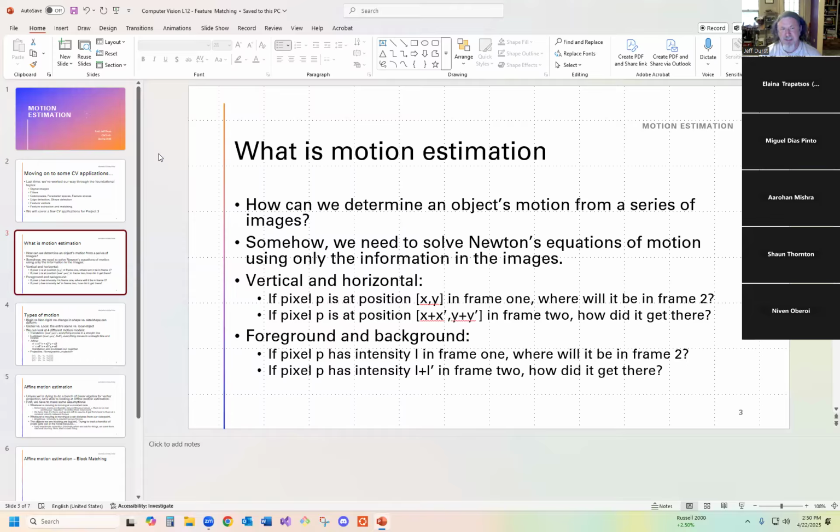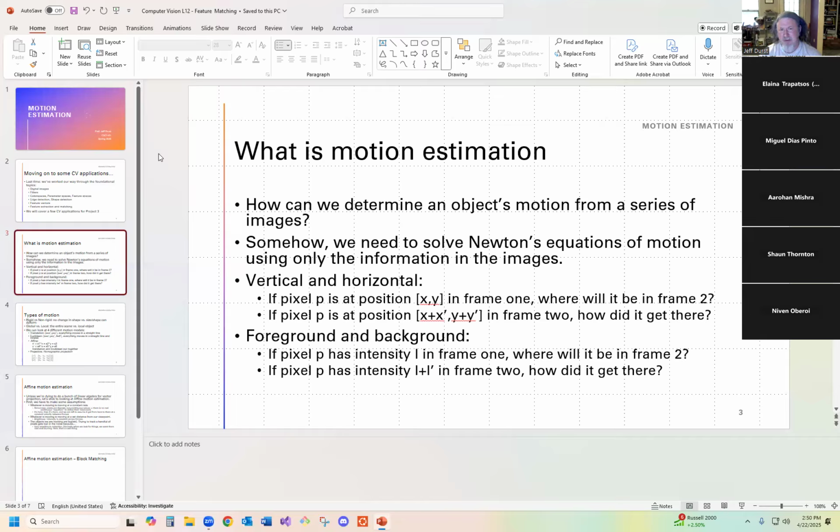At the most basic level, if a pixel is in one position in frame 1, where is that pixel going to be in frame 2? Or conversely, if we look at its location in frame 2, how did it get there? Can we create the motion vector and obtain how it got there? Can we find basically the solution to those equations?